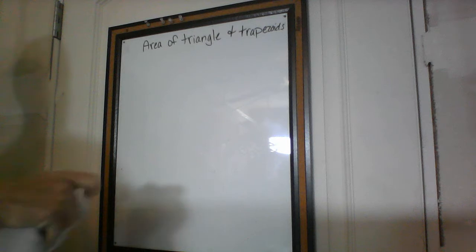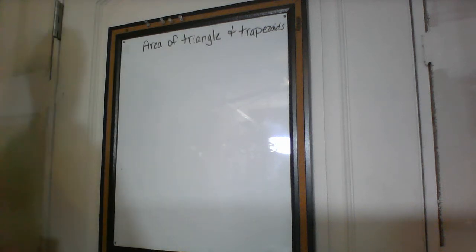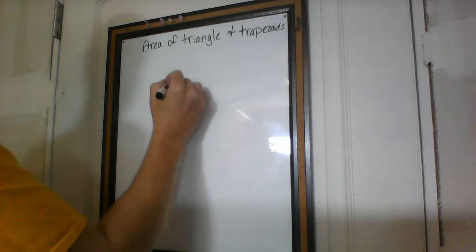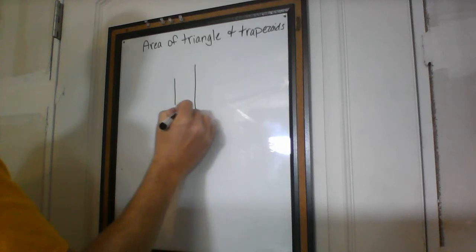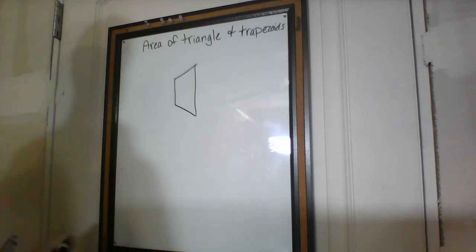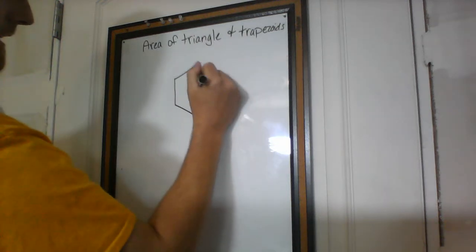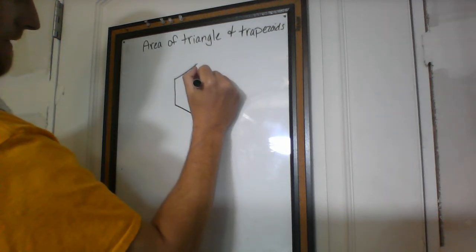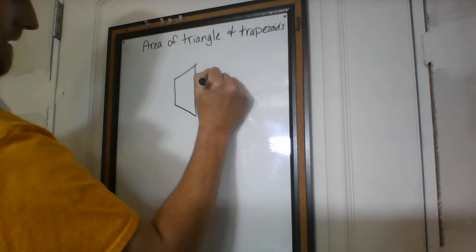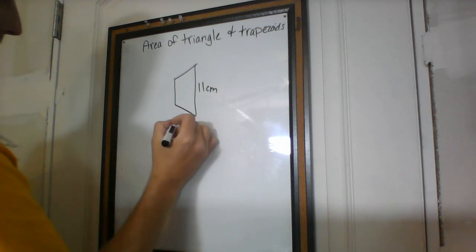Okay, let's do another one as practice here. So I'm going to try and switch this up on you. See if I can trick you a little bit. So I'm going to just write all these in the same color now. So let's do, we haven't done 11 centimeters.